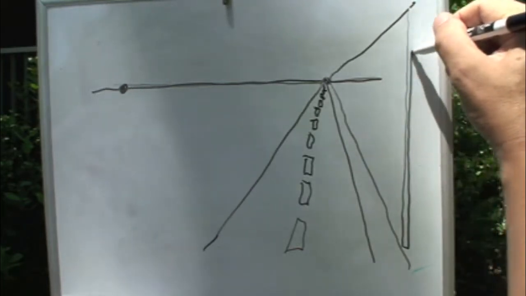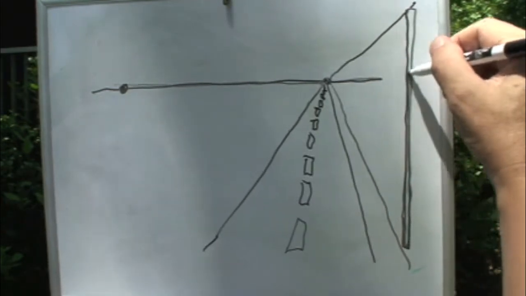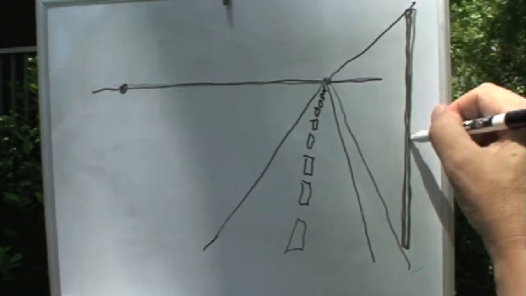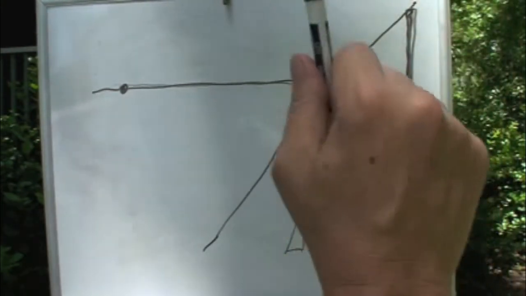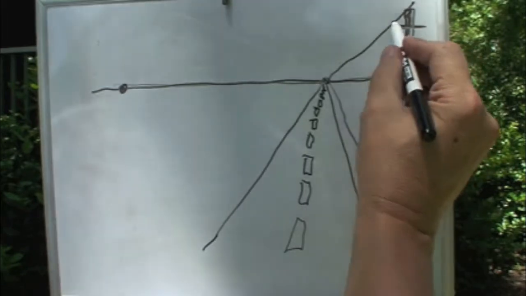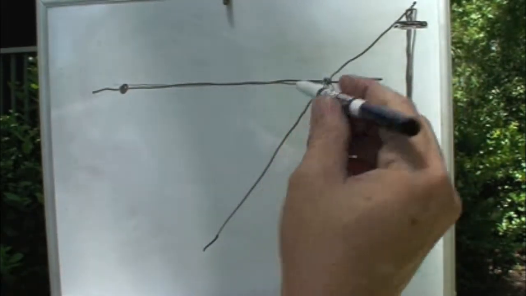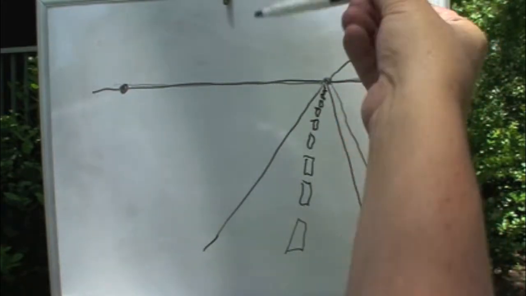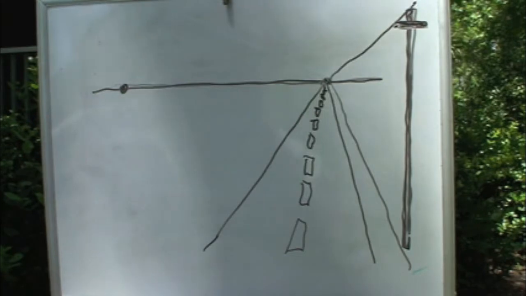Here's a telephone pole. It's large because it's close to you. All vertical lines remain perfectly vertical, and all horizontal lines are exactly parallel with your horizon.